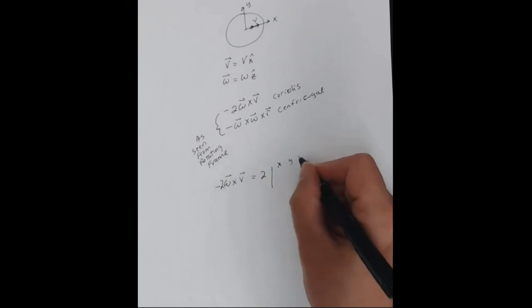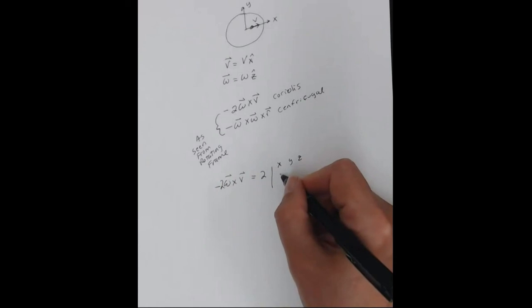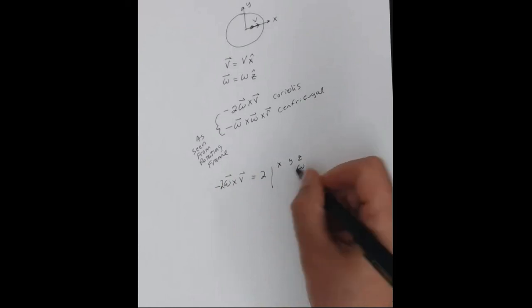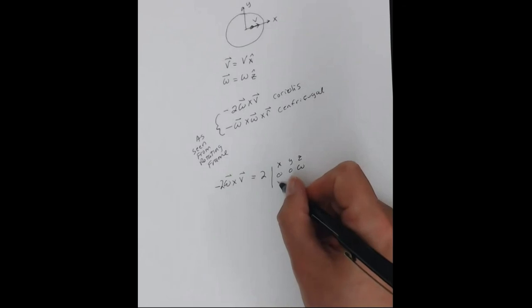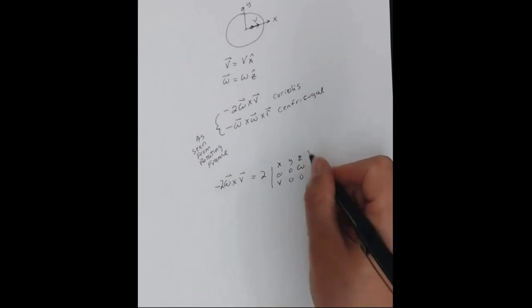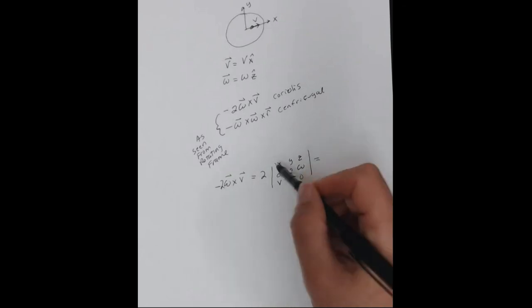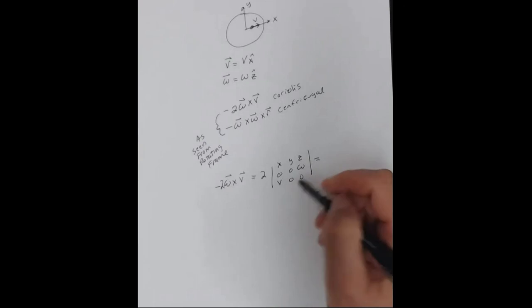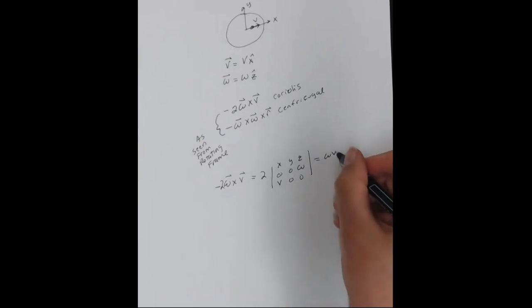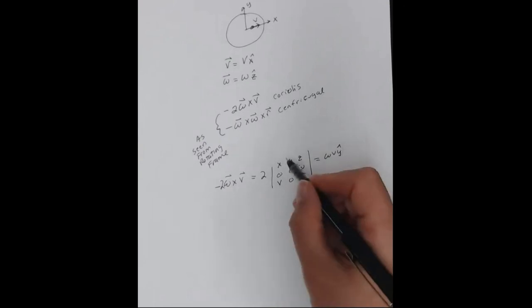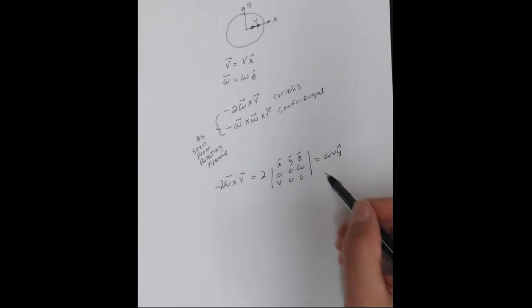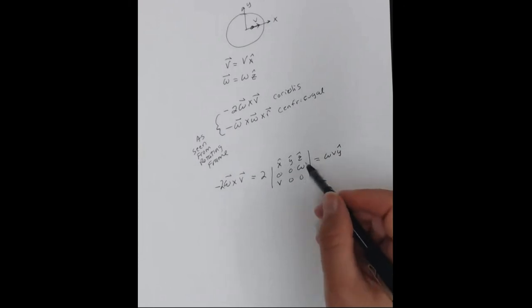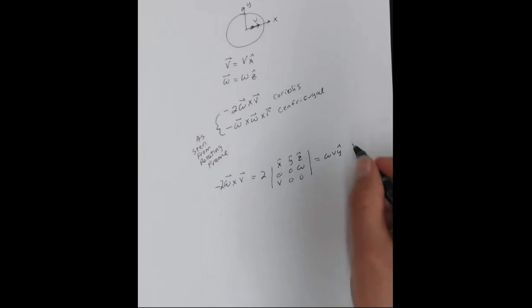Omega is in the z direction, and v is in the x direction. So you get omega v in the y direction, and that's it. Everything else is 0.